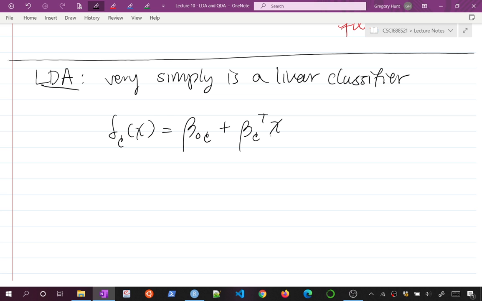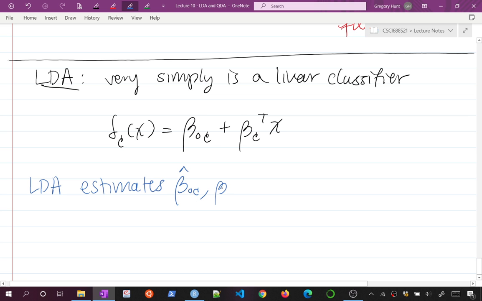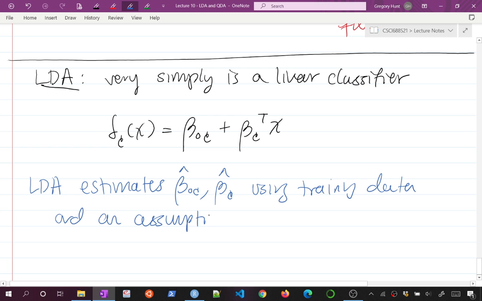And what LDA is, is basically a procedure for estimating the beta knots for my classes and the betas for my classes using training data and an assumption of normality.